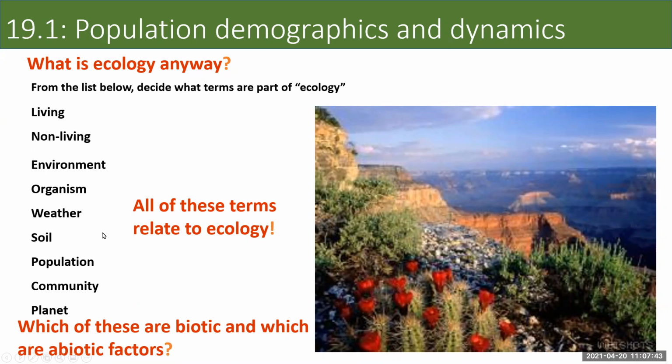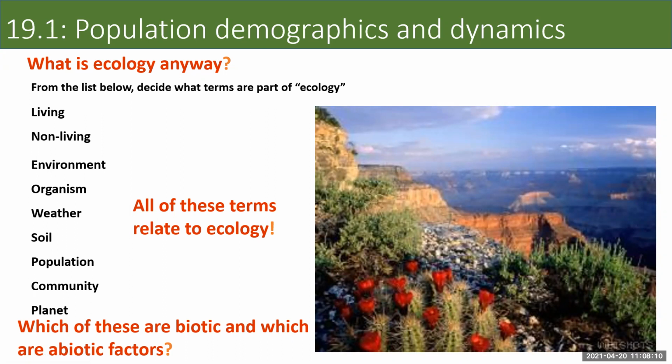Whereas your organism and the populations and the communities are your biotic factors. Now, the planet and the soils can have biotic components inside of them or on them, like the soil can have living microbes and the planet has all of the living organisms on it. And so it's just looking at what level or scale your study is looking at.